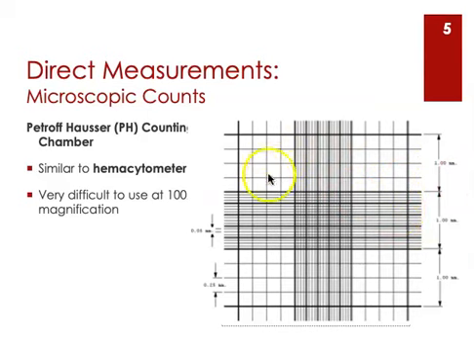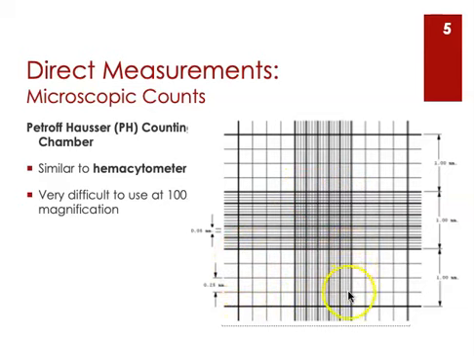Rather than counting all of the blood cells, for example, that you would see in this grid, what we do is we count a certain number of squares, and we use a mathematical formula then to extrapolate back to the whole sample. You might, for example, count all the cells in this square that I'm outlining here, and this one in the center, and these two down here.